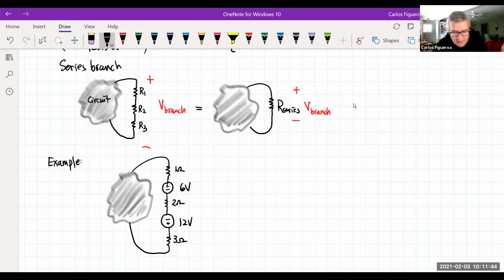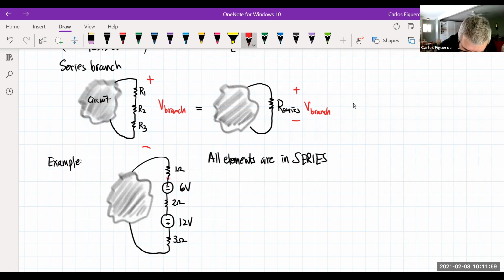So the first thing that I note here is that all elements are in series. How do I know that all elements are in series? Look at the connection. There's one connection between the 1 and the 6. There's one connection between the 6 and the 2, one connection between the 2 and the 12, and one connection between the 12 and the 3.